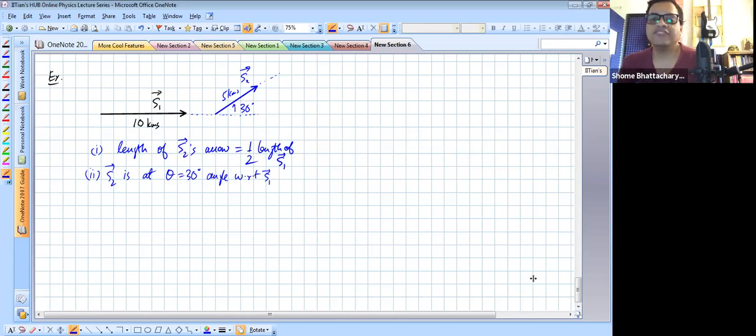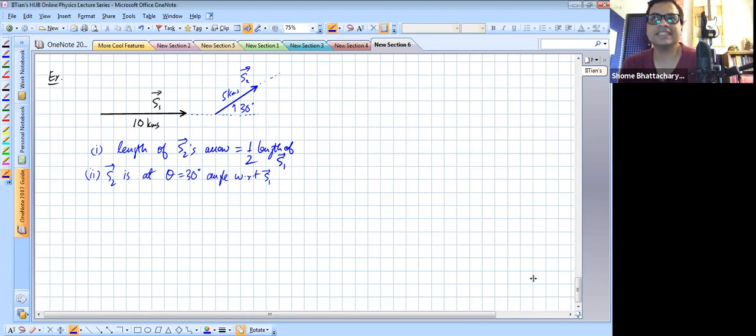Vector A equal to 15 units towards east. Vector B equal to 20 units towards south.